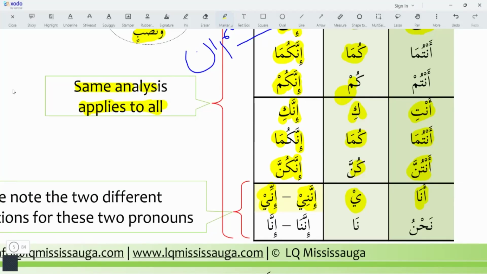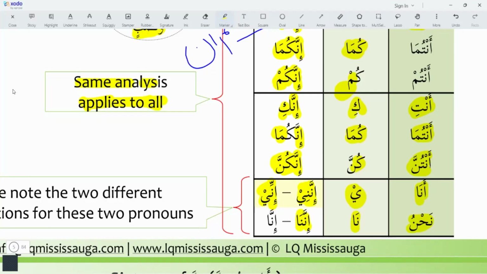Same with nahnu, its attached pronoun is na. With the noon of protection, it becomes innana. Without the noon of protection, it becomes inna.